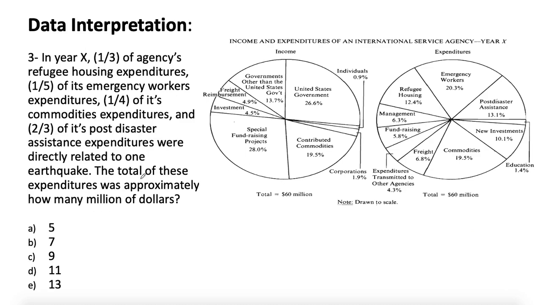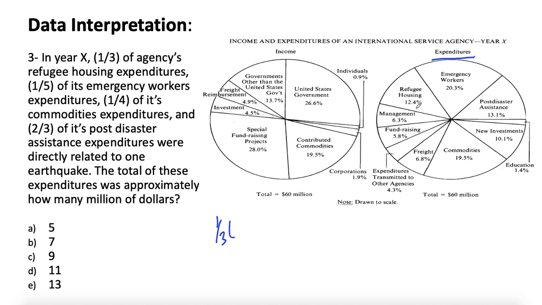This is an interesting question, and we will see how we can solve such a question very quickly. So this is in year X: 1/3 of the agency's refugee housing expenditure. Okay, now asking for expenditure, and first of all we need to find 1/3 of which thing? The agency's refugee housing expenditure.